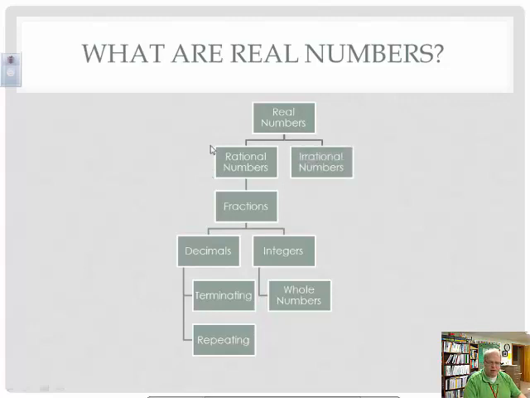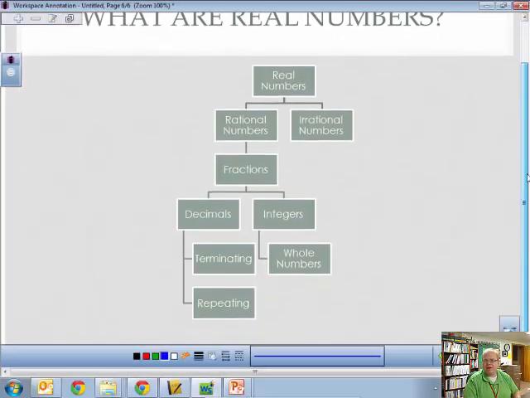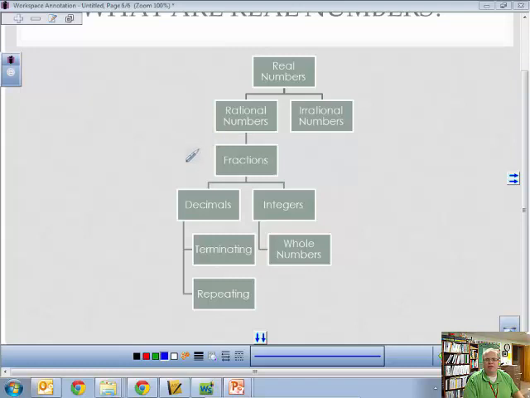So if I look at this whole number system for a little bit, a fraction, like 3/4. Decimals: I can have a terminating decimal like 0.3, or I can have a repeating decimal like 0.6 repeating.